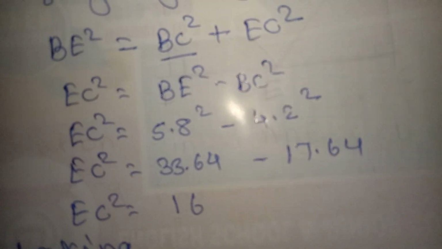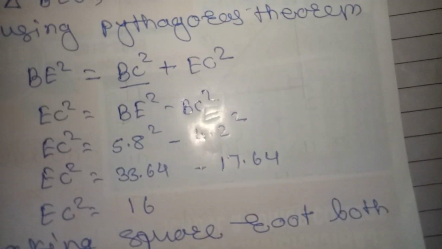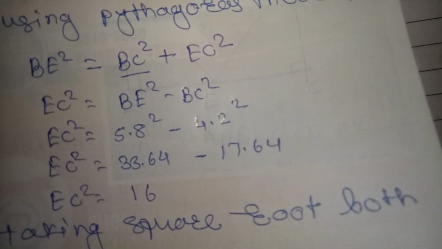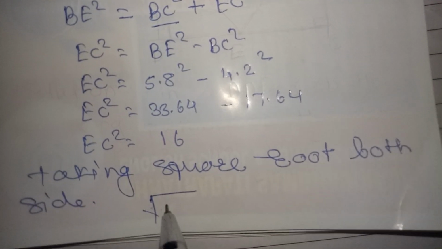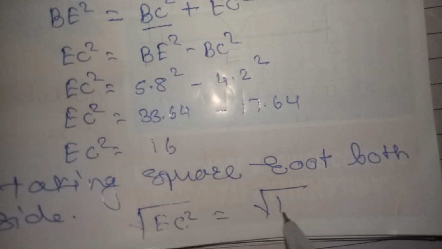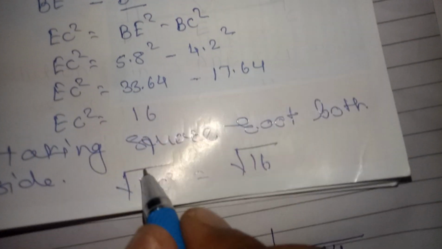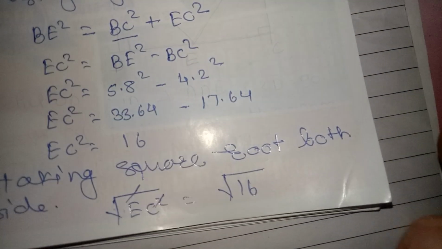तो क्या करना होगा, टेकिंग स्क्वायर रूट बोथ साइड. और स्क्वायर रूट दोनों साइड को लेंगे तो क्या होगा, स्क्वायर रूट EC स्क्वायर इज इक्वल टू स्क्वायर रूट 16. तो स्क्वायर और स्क्वायर रूट कैंसल, और 16 का स्क्वायर रूट कितना है.